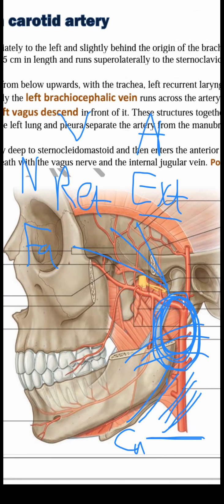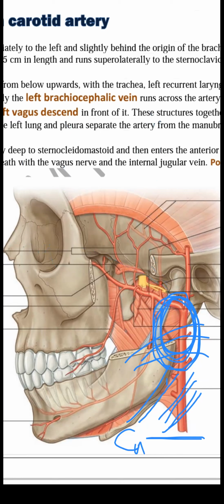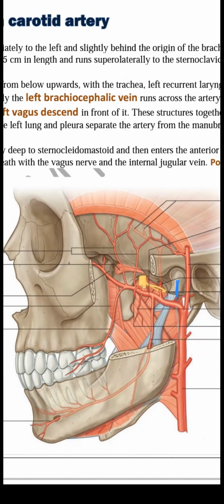After it passes through the parotid gland, it ends by dividing opposite the neck of the mandible into superficial temporal and maxillary artery. Here, I will try to collect what are the branches of the external carotid artery. Some American ladies found our pyramids most satisfying.